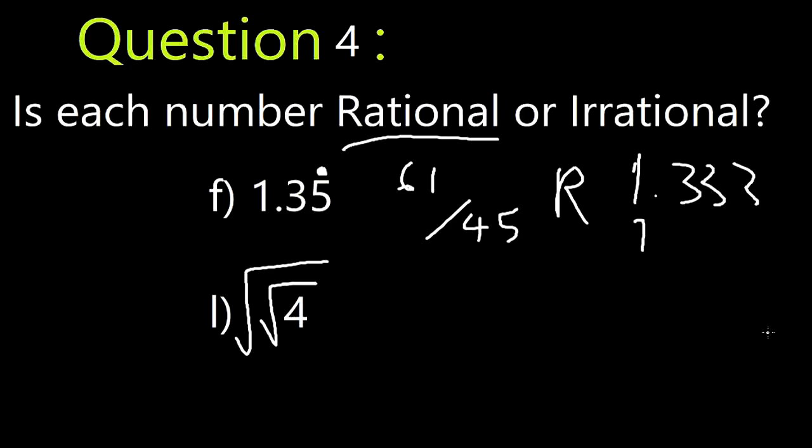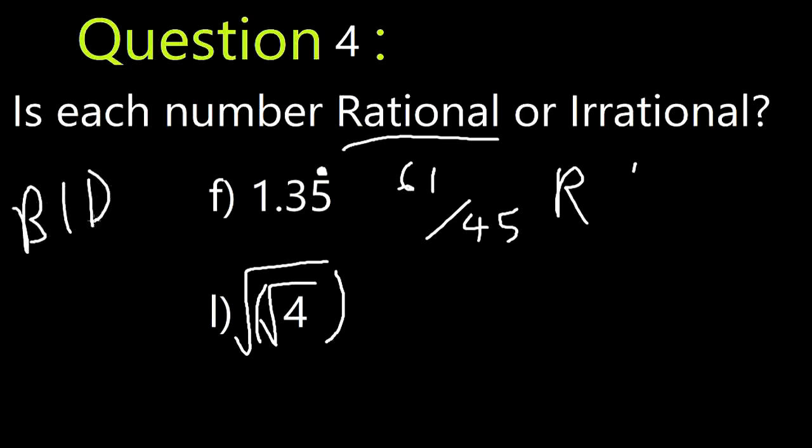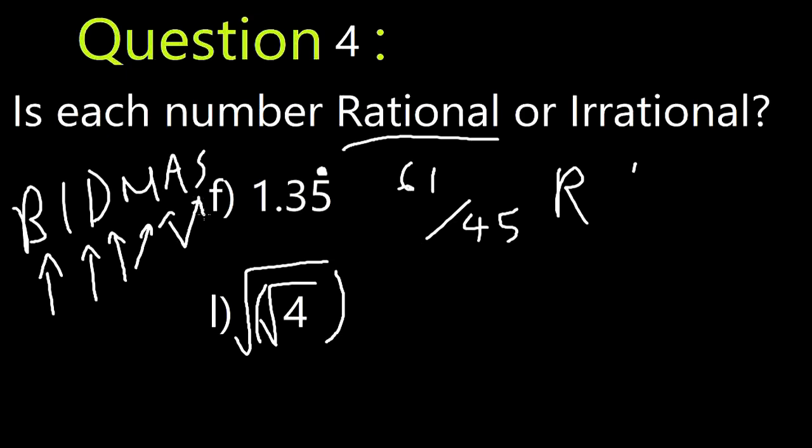So we'll get rid of all of this. Now, this is a tricky one. We've got a root of a root. When this happens, you're probably going to want to draw in little brackets. And remember our BIDMAS notation. BIDMAS, remember, is the order of operations. We do our brackets first, then our indices, then our division and multiplication, and then our addition and subtraction.